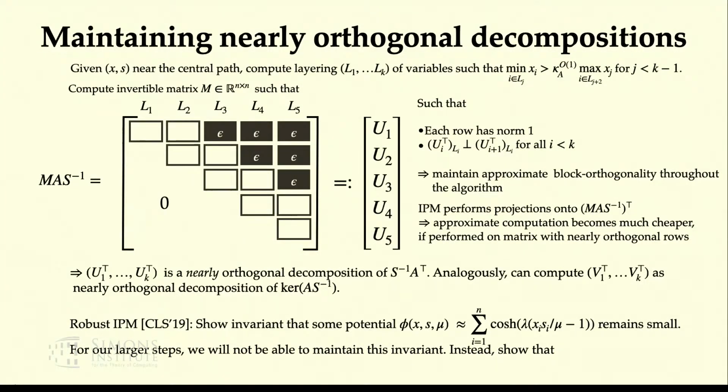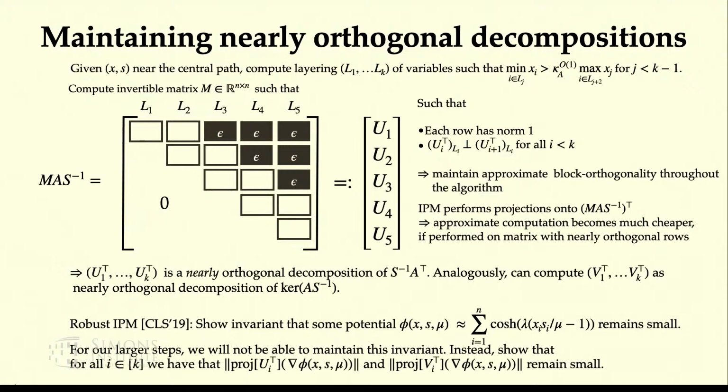So we will not be able to bound the total error, but what is necessary and sufficient is that whenever you have an error phi, this error can be attributed to these subspaces. So this error decomposes onto the primal and dual orthogonal subspaces.